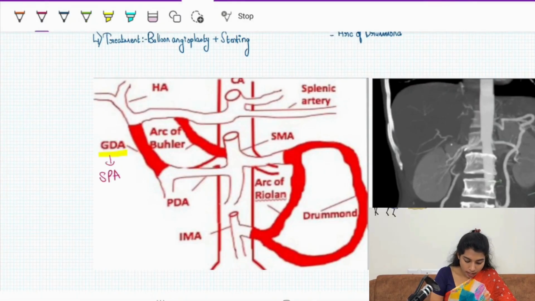And the first branch of the superior mesenteric artery is the inferior pancreaticoduodenal artery. The superior and inferior pancreaticoduodenal arteries will form a cascade around the pancreas, via which the blood flows from the superior mesenteric artery to the branches of the celiac artery, right?